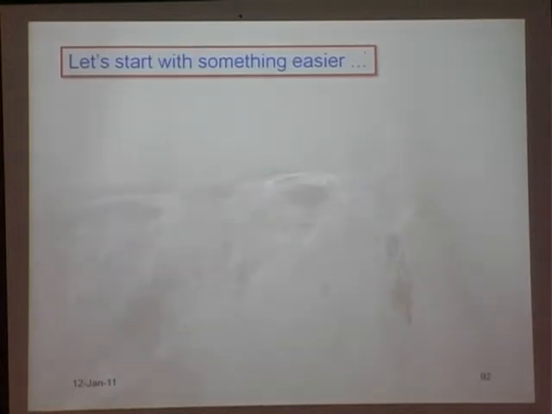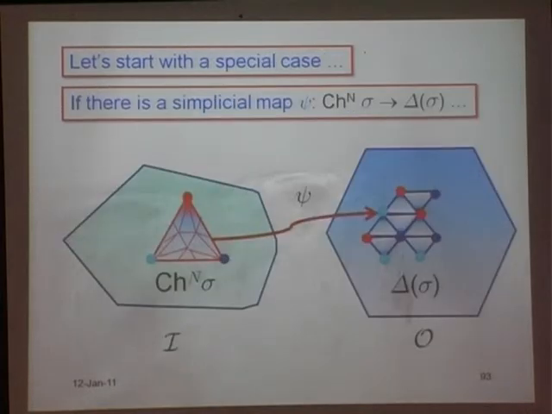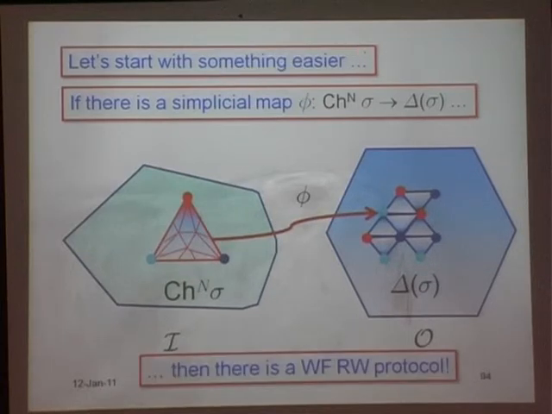Okay, so we could start with a special case. Suppose the chromatic subdivision I'm given is just the iterated standard chromatic subdivision. So guess what we're going to do? Well, in that case, clearly there's a wait-free read-write protocol, which is just the one that I showed you before, where you do an immediate snapshot.